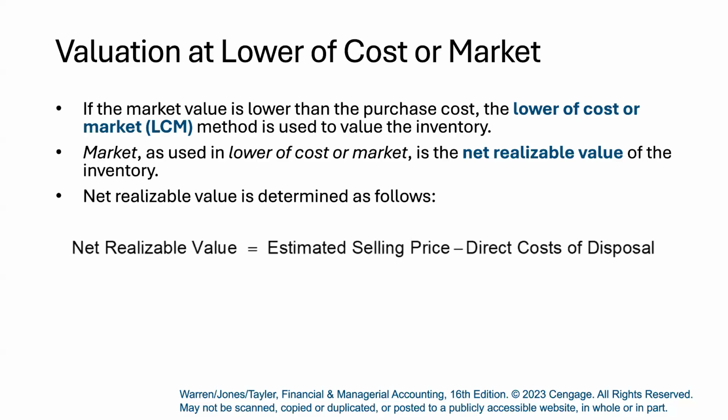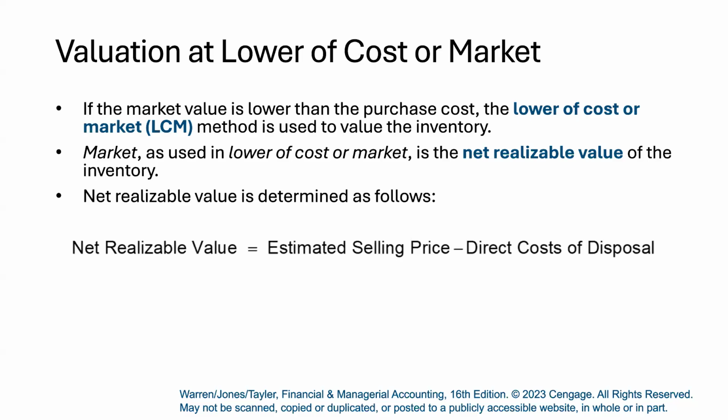Okay. So there's a rule based on this desire for conservatism in accounting called the LCM, or the lower of cost or market rule. In essence, what it says is we should carry our inventory assets on the books at the lower of the cost or the market value.